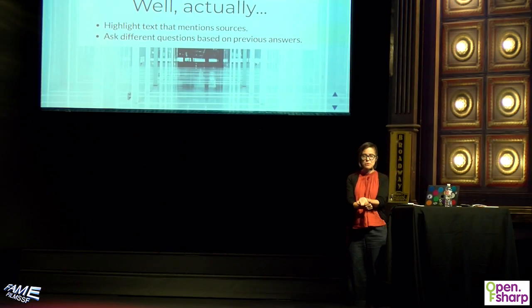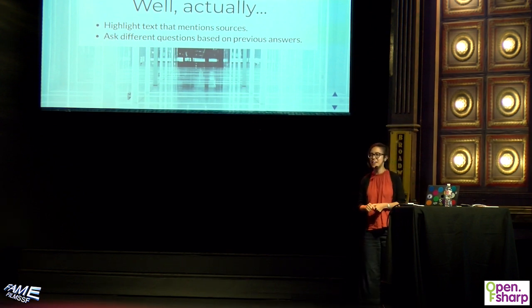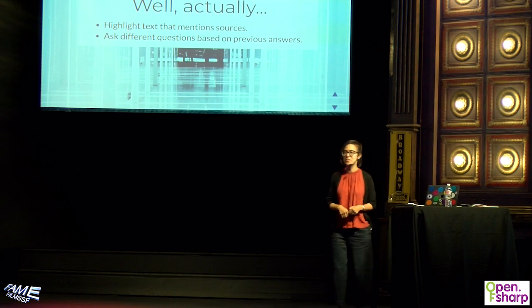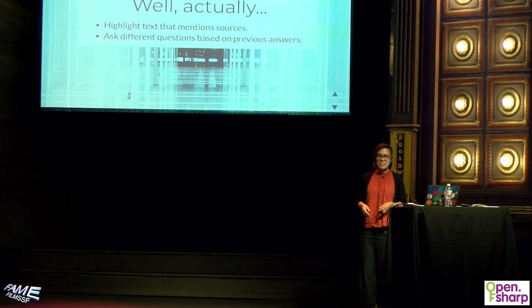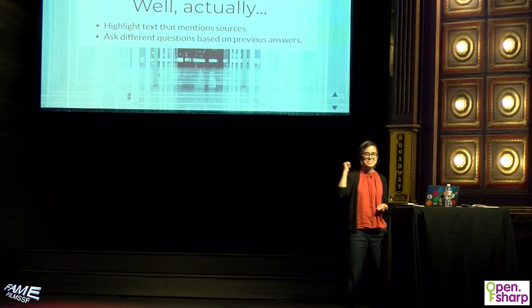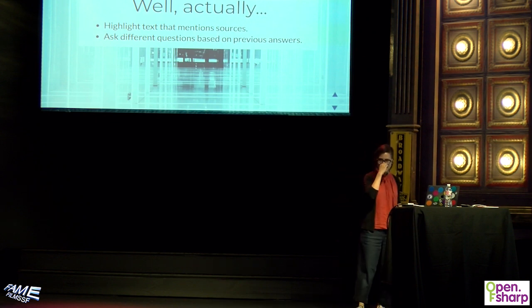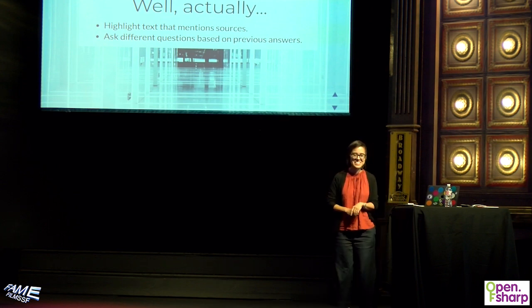You may want to highlight the actual portions of text that mention any sources, so that maybe later we can train a deep learning algorithm on that to actually identify these portions in the text. And we also need to ask different questions based on previous answers. Well, one of these things is relatively difficult, the other is very simple. But if you are working with a social scientist, they usually don't know which one it is.